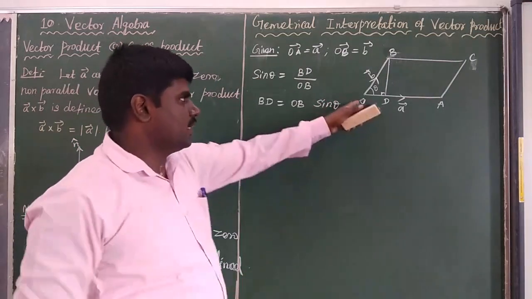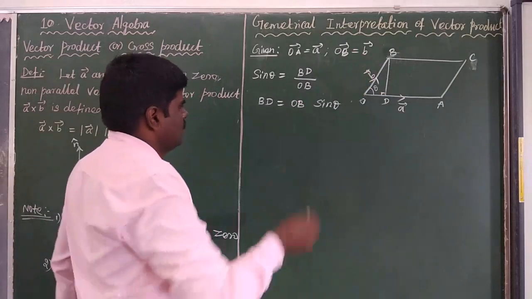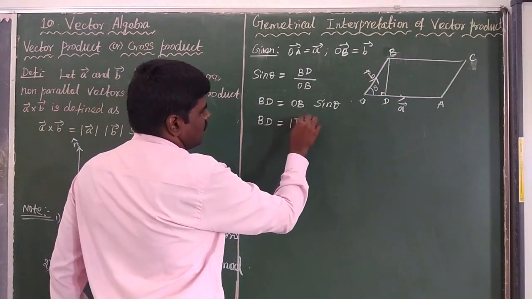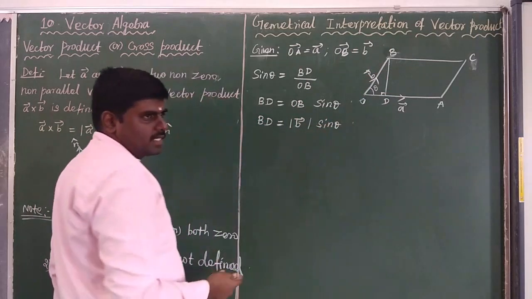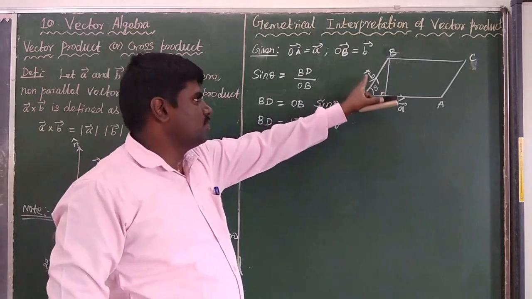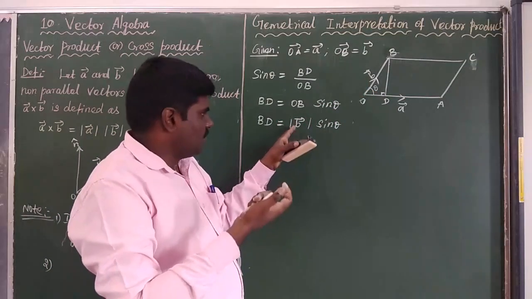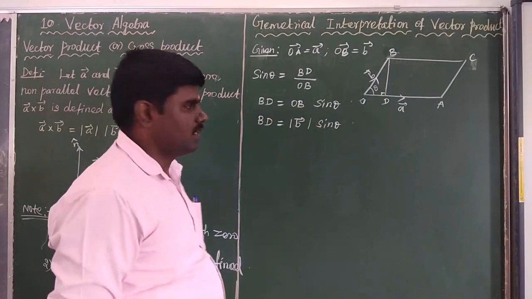Here OB means the OB vector, which is equal to the B vector, but take its magnitude. So BD is equal to the magnitude of the B vector into sin theta. Clear? Magnitude is a scalar value. Any vector taken in magnitude gives a scalar value. Therefore, the modulus of the B vector gives the scalar, that is the OB value.